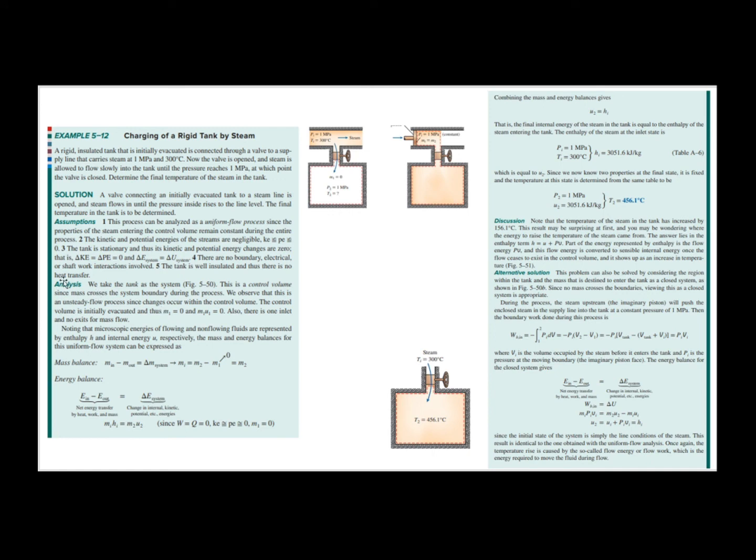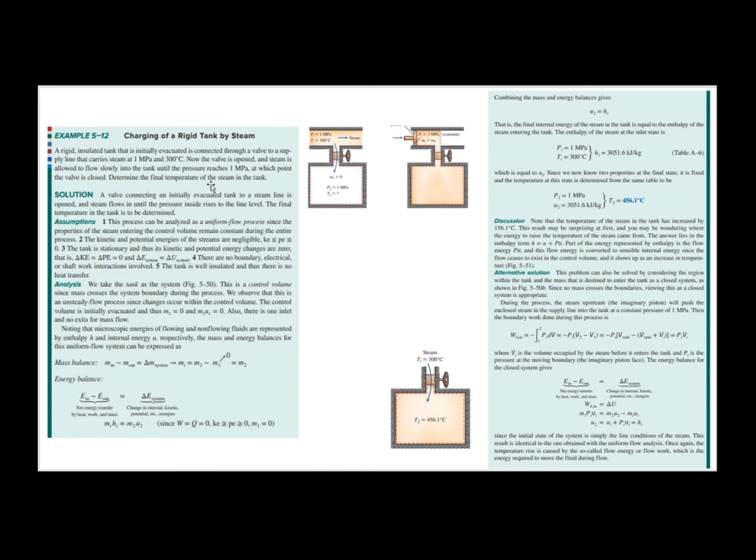The question says a rigid insulated tank that is initially evacuated is connected through a valve to a supply line that carries steam at 1 megapascal and 300 degrees Celsius. Now the valve is opened, and the steam is allowed to flow slowly into the tank until the pressure reaches 1 megapascal, at which point the valve is closed.